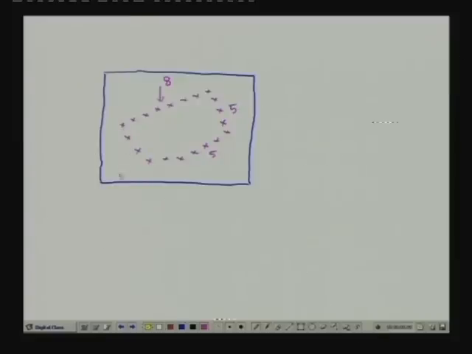On this part there are 4 points, and if I consider that this part is also a straight line, on this line there are 3 points. So, in our accumulator cell at the end of this Hough transformation operation, I will get one cell with value equal to 8, another cell with value equal to 5, one more cell with value equal to 5, one cell with value equal to 4, and another cell with value equal to 3.